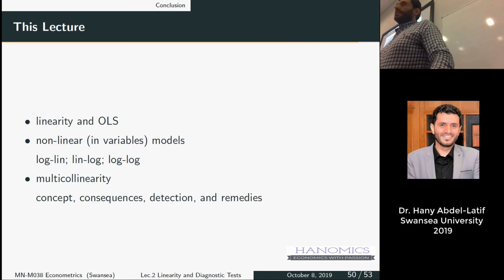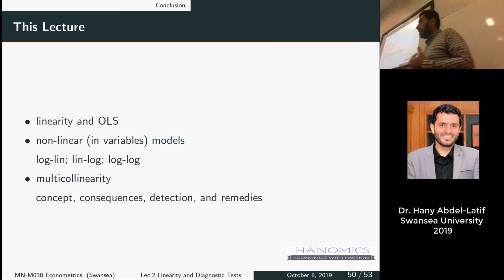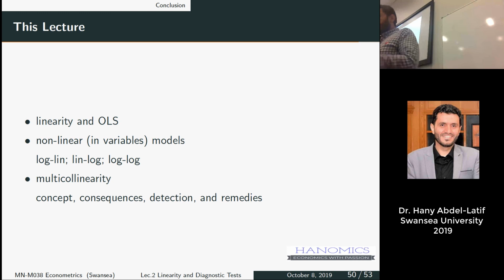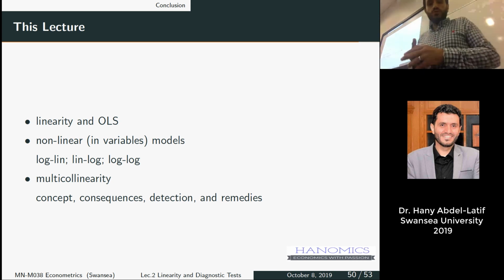So this is everything we covered in the second half of the lecture. Just to remind you, in the first half we talked about linearity, what we mean by linearity in OLS, and we showed examples of linear in parameter but non-linear in variables, log-lin and lin-log, and how to interpret the coefficient in each of these cases.